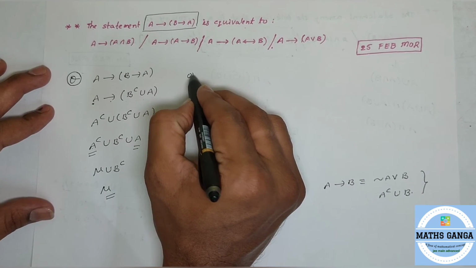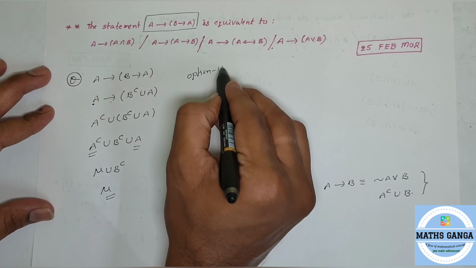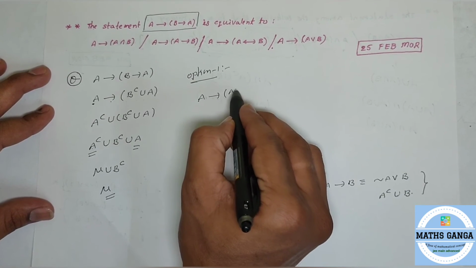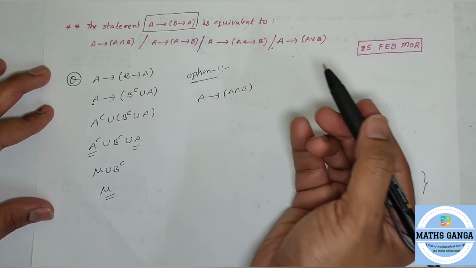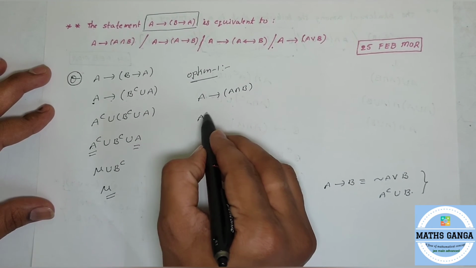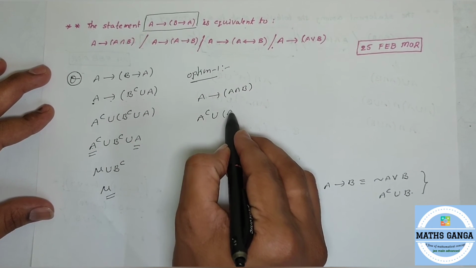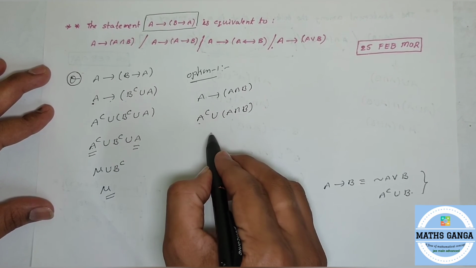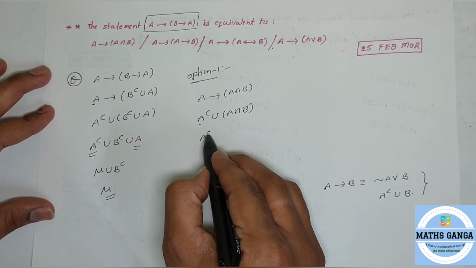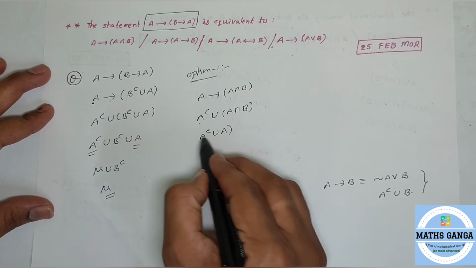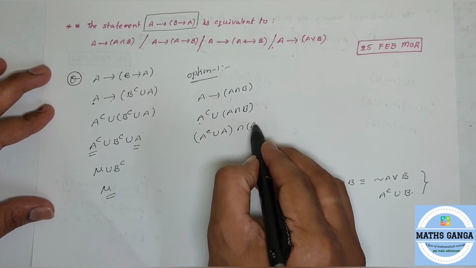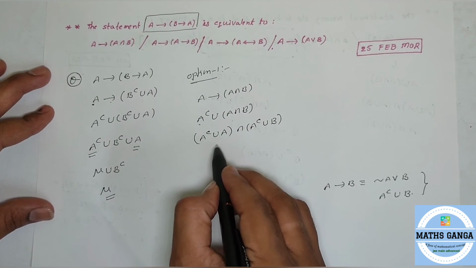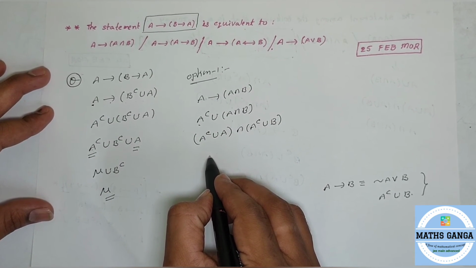So if you try to find all these things, you just go with option A, the first option. If you try to simplify option A, this is A implies of A and B, A intersection B, and simply A implies means A complement union A intersection B. A complement union A is, yeah, I need to rewrite it like this: A complement union A intersection A complement union B. And A complement union A is what?